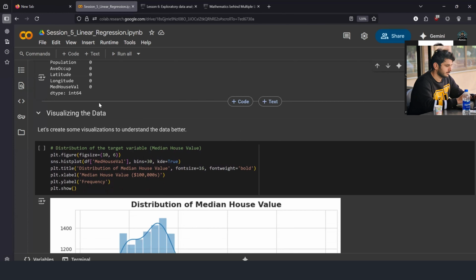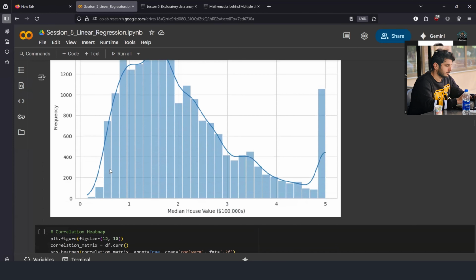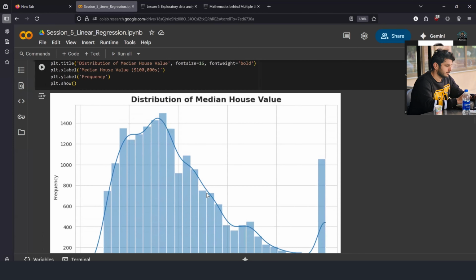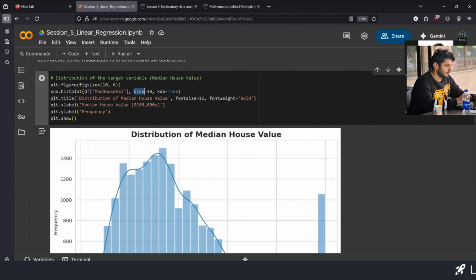We will visualize our main column, the target column. Now why are we doing that? Because we have an assumption that the target variable should look like normally distributed data. For this, we are using sns or the Seaborn package, and we're using the function histplot. All we need to do is provide our target variable here and the number of bins.